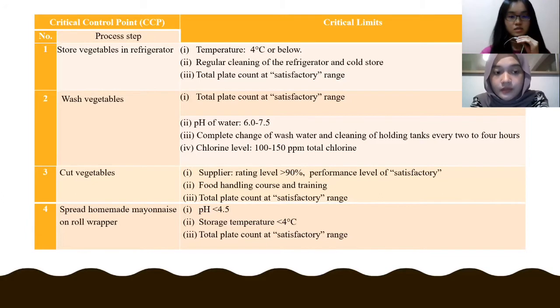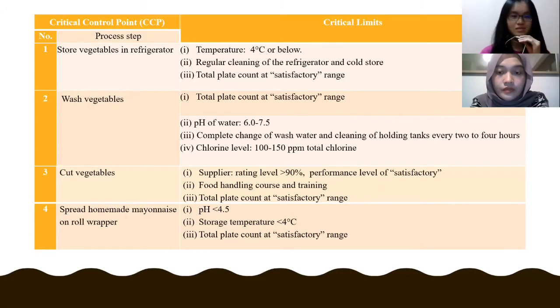The third CCP is cut vegetables because cutting can increase the total surface area of the vegetables in contact with microorganisms. So this can increase the risk of contamination. So the critical limit for this CCP is supplier rating and performance, food handling costs and training, and total plate count. And the fourth CCP for our HACCP plan is spread homemade mayonnaise on roll wrapper.